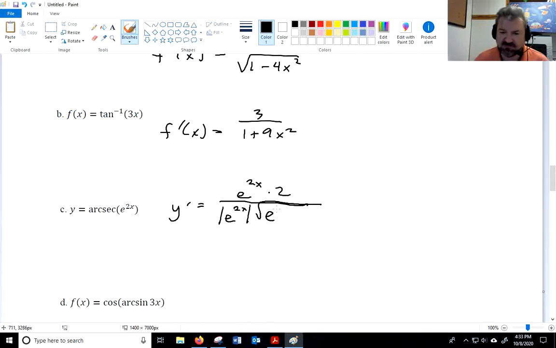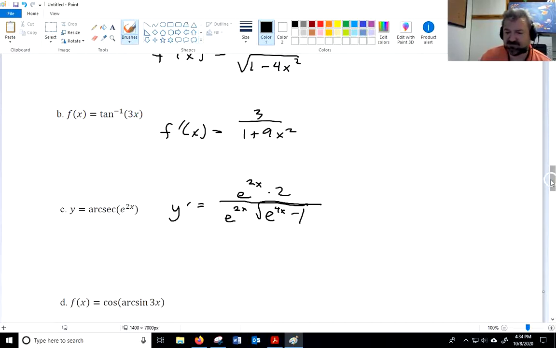The square root of u squared, which would be e to the 4x, power to power multiply, minus 1. Now, it turns out I actually don't need the absolute value bars here, and the reason why is that e to the 2x can never be negative, so that's always going to be positive. So in this case, I don't actually need them, but you oftentimes do.